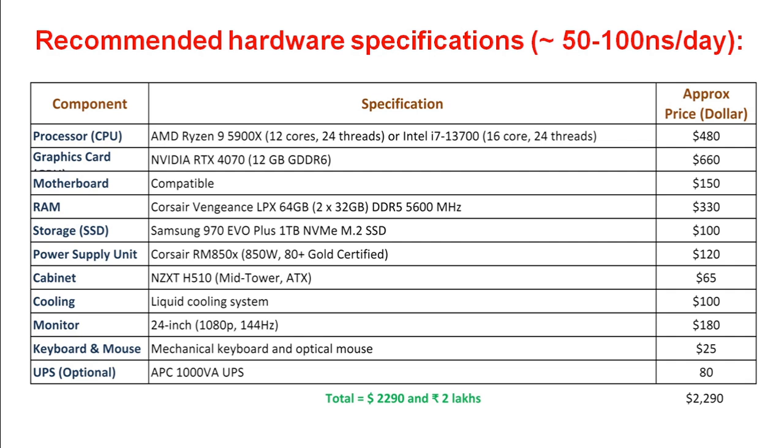Okay, so for a workstation you are going to need a CPU of AMD Ryzen or Intel Core i7 at least. Okay, and more cores are usually needed. If the core number is more, then it's better. Okay, so this is the approximate price in dollars.